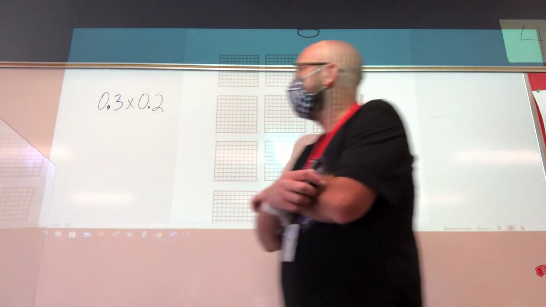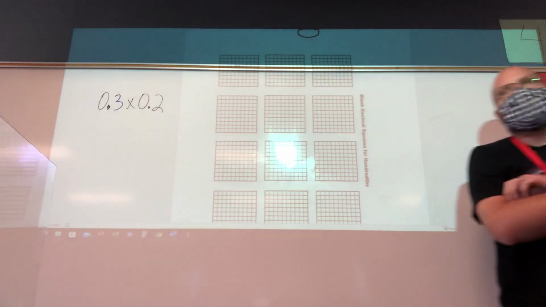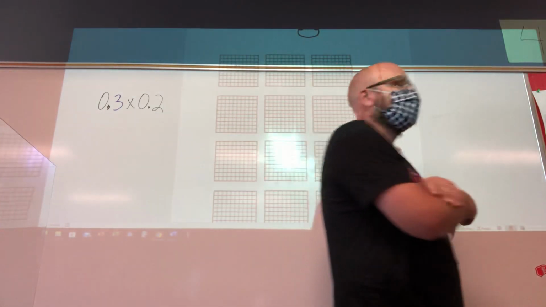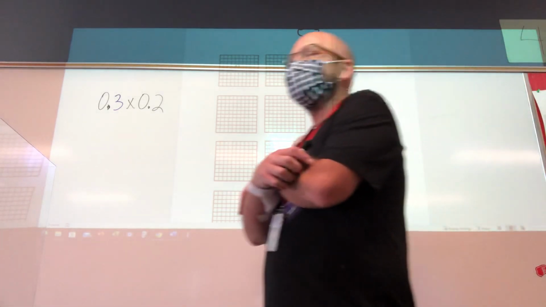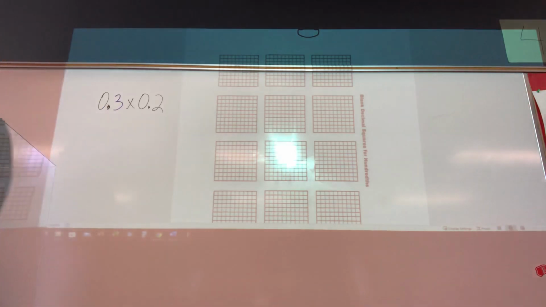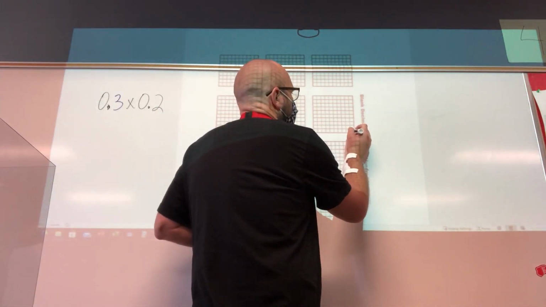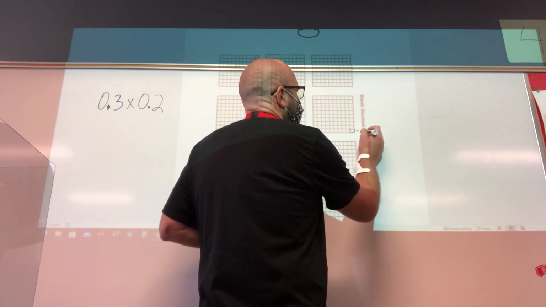This wasn't the problem I was thinking of. But you had a problem similar to this yesterday, and about half of you missed it. And so we're going to show why. First, we need to know that every little square equals 100th.